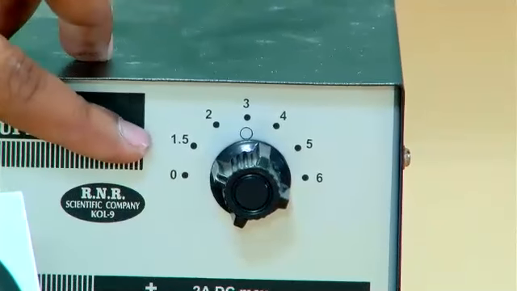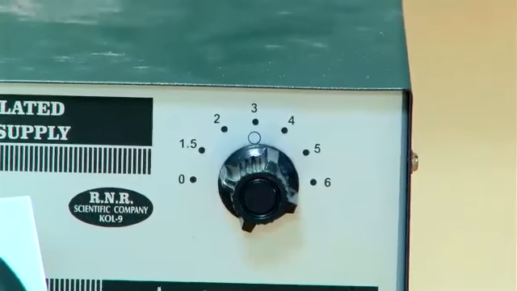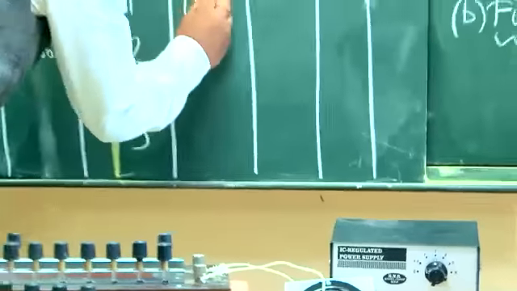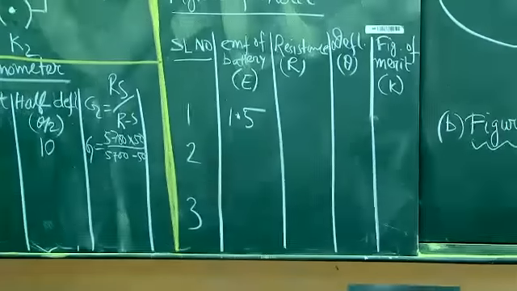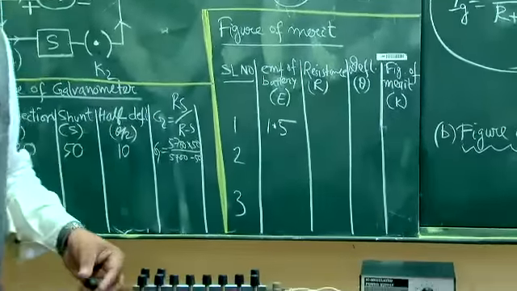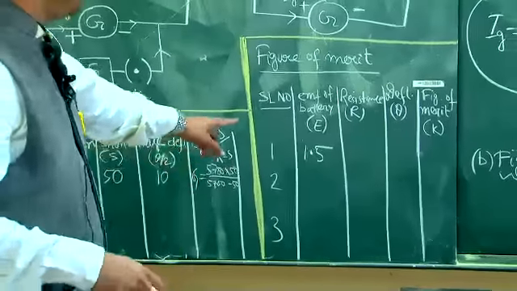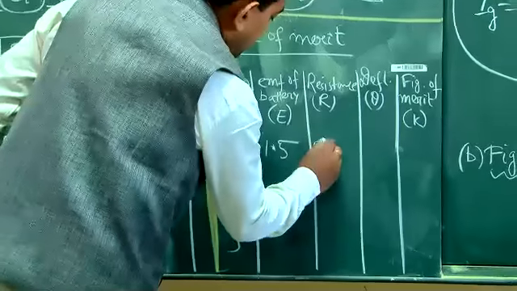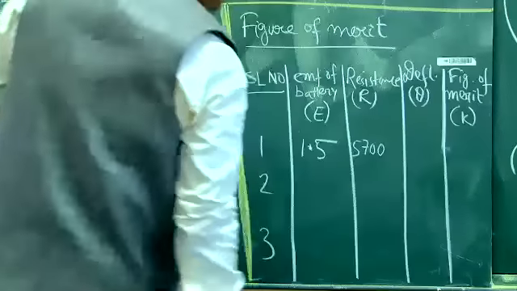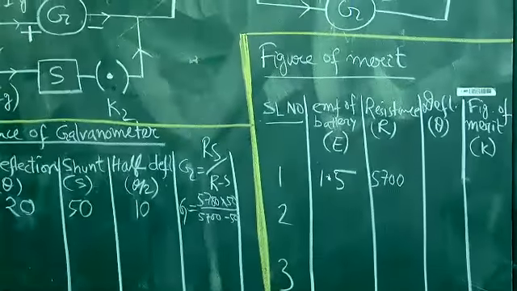Now I am writing the first value, E equals 1.5. Here we can vary the supply voltage. We have that option. Now resistance, how much have we taken? Capital R, 5700. This is already taken, 5700 ohm.